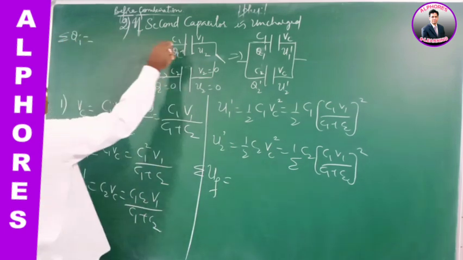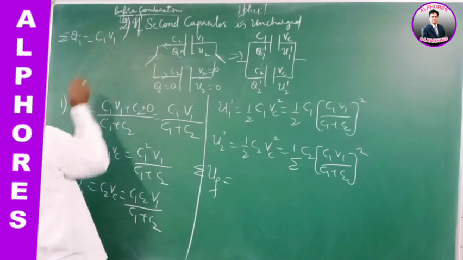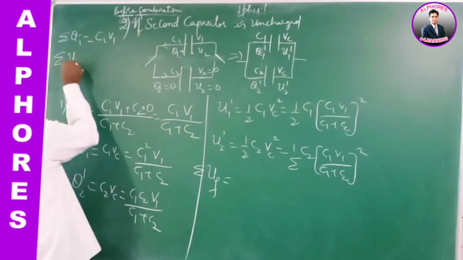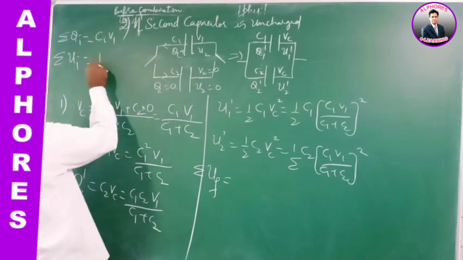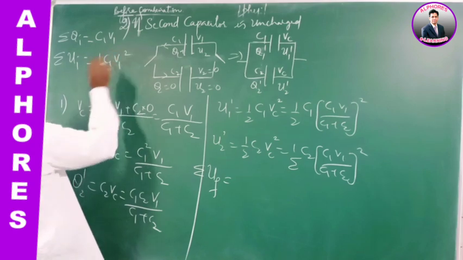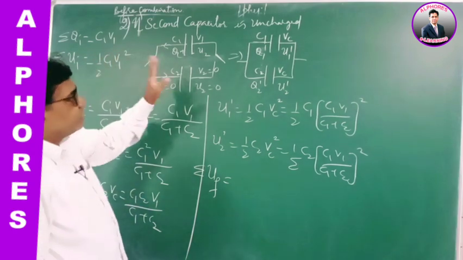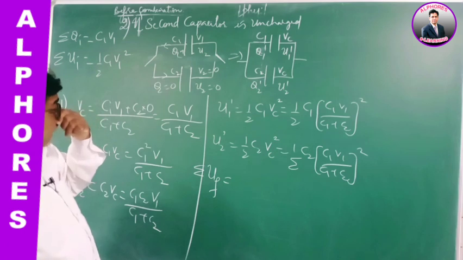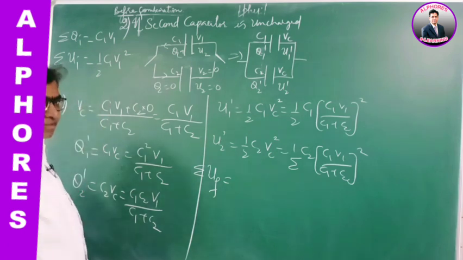The total initial charge: only the first one was having charge, C1 V1. Total initial energy is half C1 V1 squared. The second body had no charge, no energy, no potential, only its capacity.